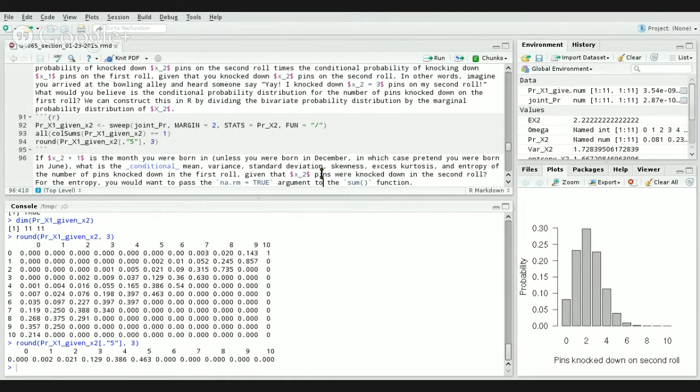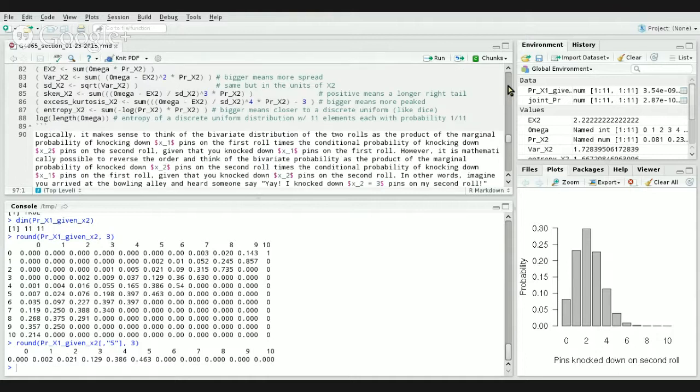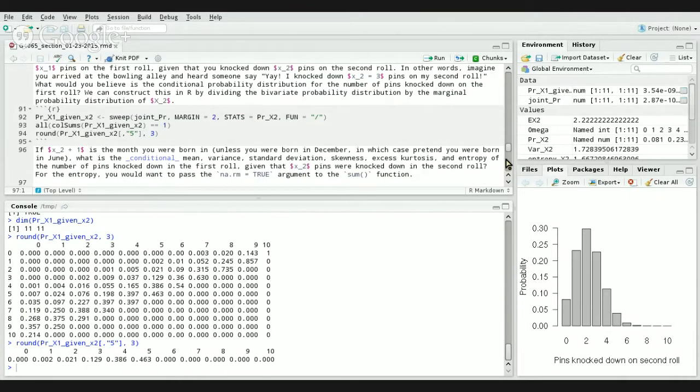So this is going to entail selecting the appropriate column of the PR x1 given x2 matrix, depending on what month you were born in, using that as the conditional probabilities to use in the calculation of the expectation of these functions, just like we did above when we were calculating the expectation of various functions of the number of pins knocked down on the second roll.